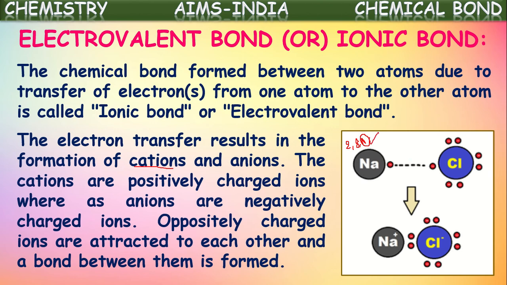But we have to remember one thing: sodium cannot lose this electron on its own. There should be another element which accepts it. Then only can sodium lose this electron. It cannot throw the excess electron away on its own.